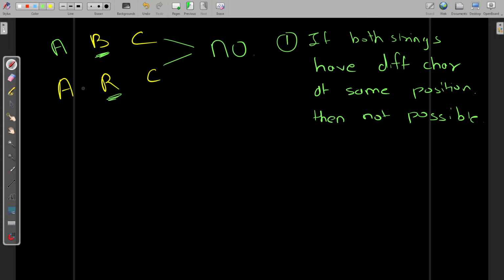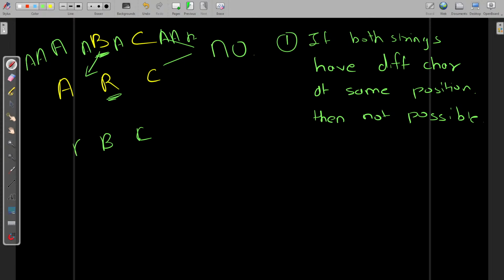But we already noticed that we can insert any number of A's either at the front, at the back, or in the middle. Then will that not change the position of B? In this simple test case, there was a single B and C. But what if we had a more complicated test case?